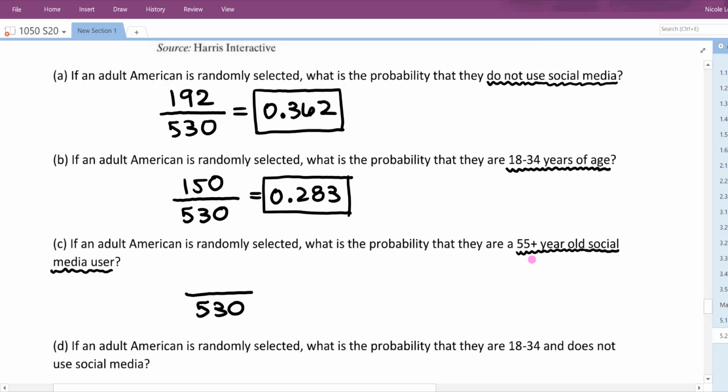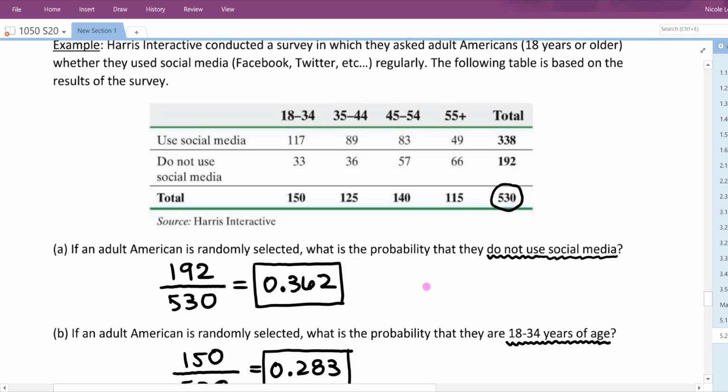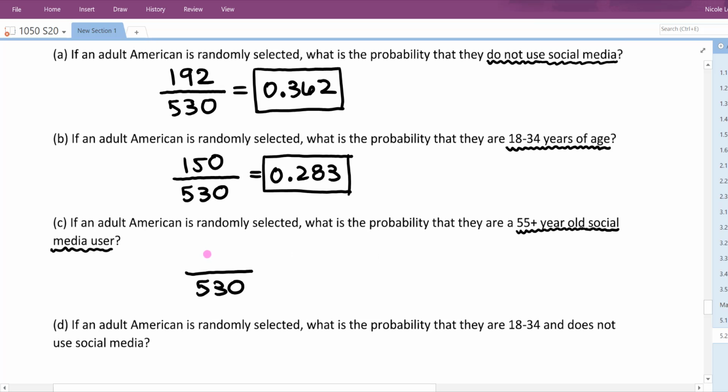So going back to the table, the people who are 55 plus who are using social media will be these 49 people here. So that should be the number that goes on top here.